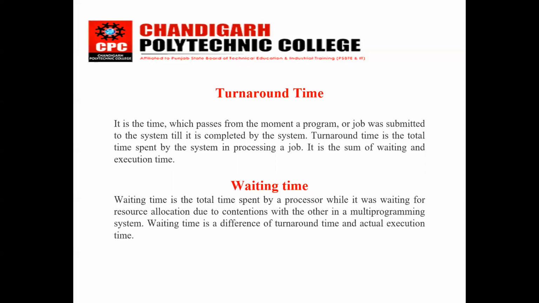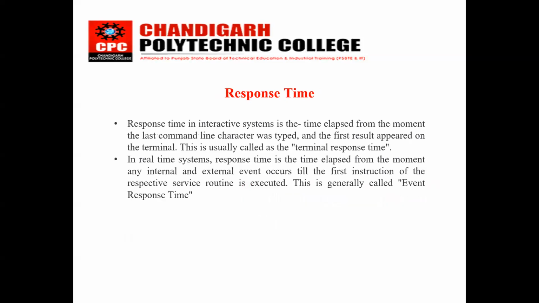Waiting time is actually the difference of turnaround time and actual execution time, because turnaround time is the sum of waiting and execution time. So if we subtract the execution time from the turnaround time, then the remaining time is the process waiting time. And last we have response time.